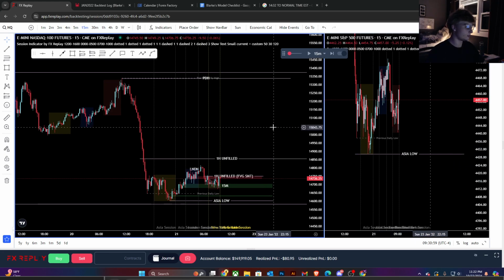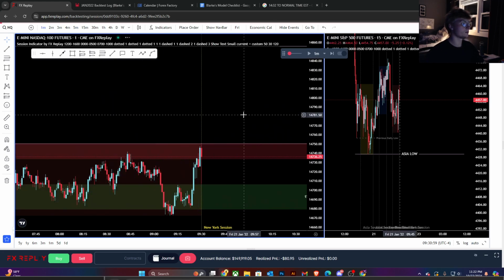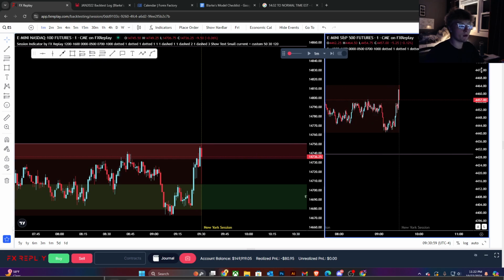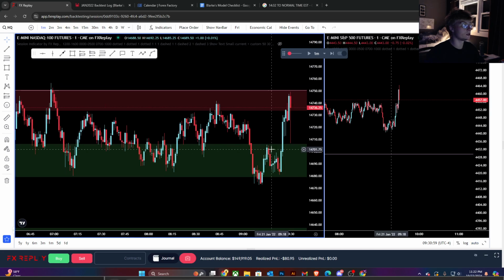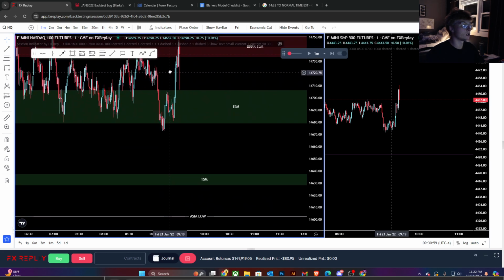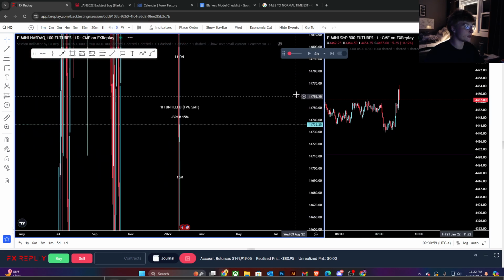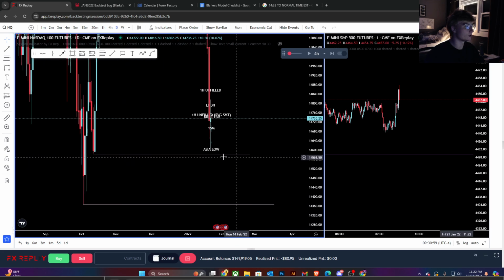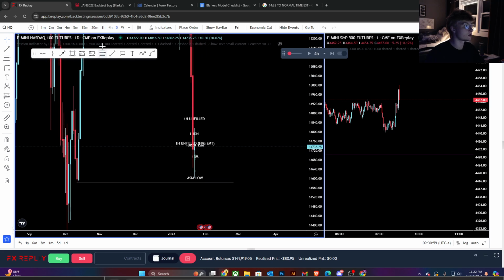But let's hop on the 5 minute. Alright, let's go market open. Got everything marked up. My bias right now is pretty bearish until Asia low, because higher time frame, it just looks like we want to run out this daily low here. It just looks super obvious.